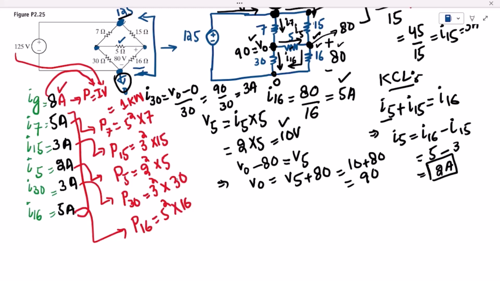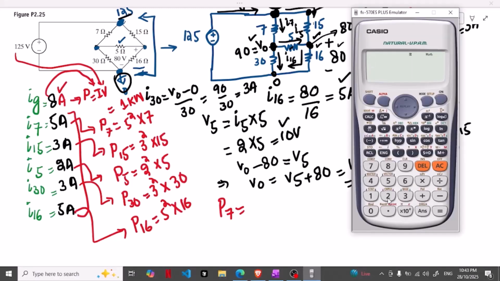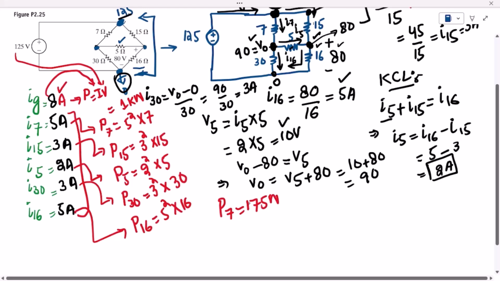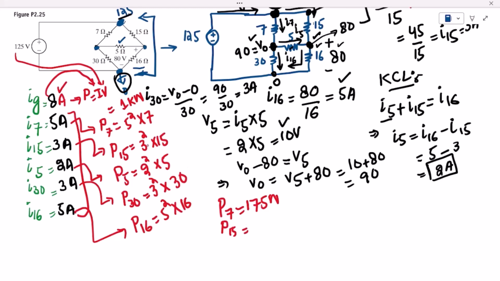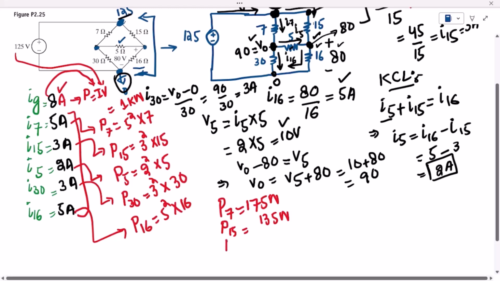Let me calculate them. P7 is 25 multiplied by 7, that is 175 watts across the 7 ohm resistor. For P15 it is 9 times 15, that is 135 watts.